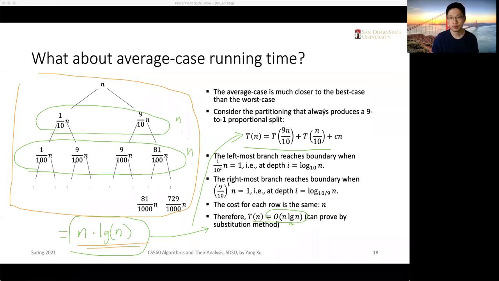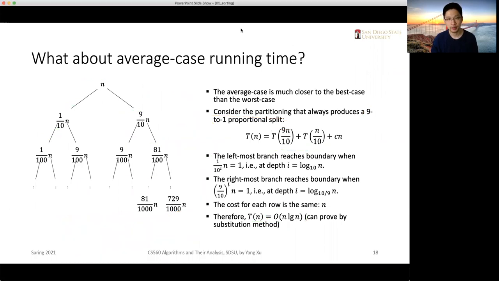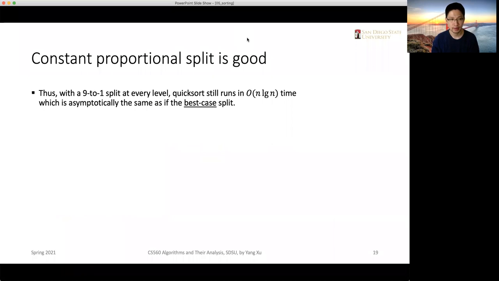We're happy about it because this is a very conservative estimation. We are assuming a 9-to-1 proportional split on average, and this actually holds even if we consider much worse conditions.